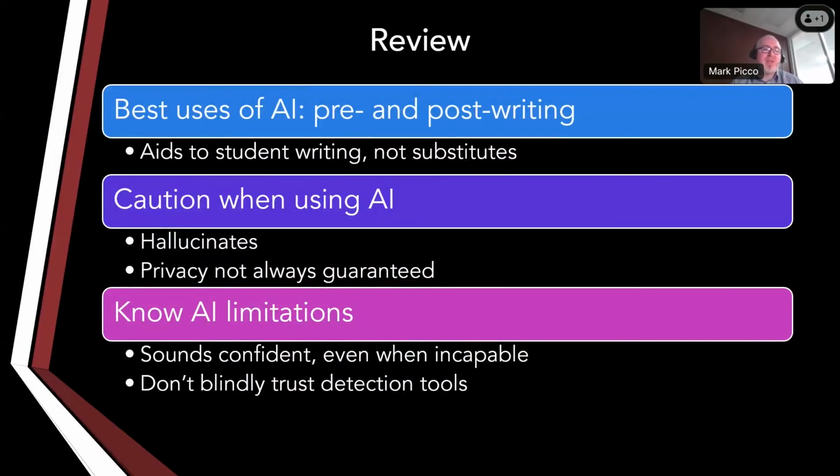If your objective is to assess a student's ability to write and you're having that student use AI to write for them, it's not really assessing their ability to write themselves. And it's pretty scary because when you're using it, students can get output that is completely hallucinated. It could be something that sounds confident, but it's not actually.